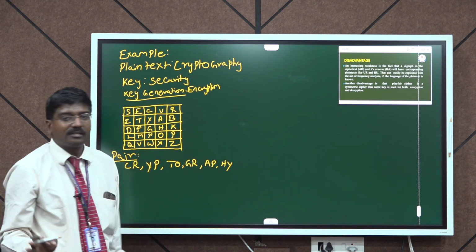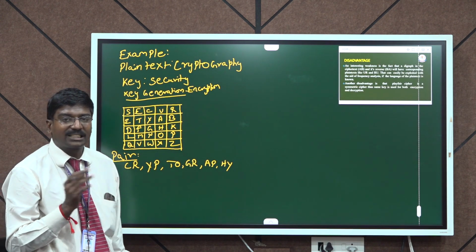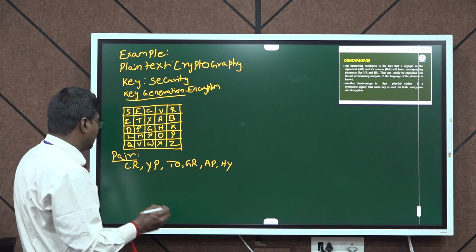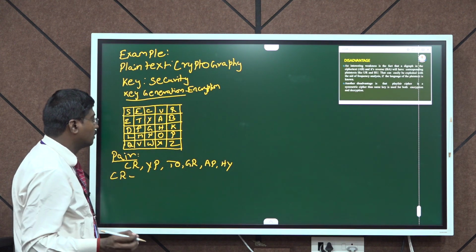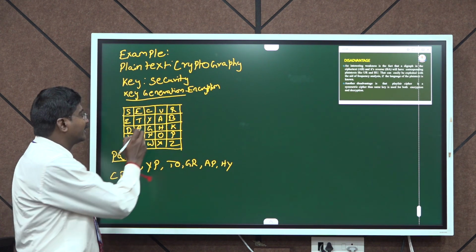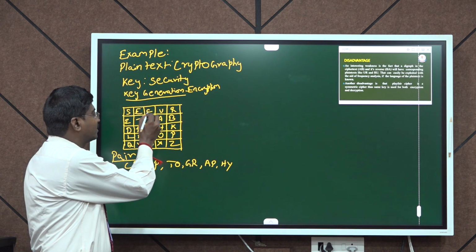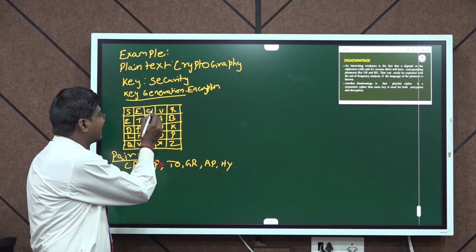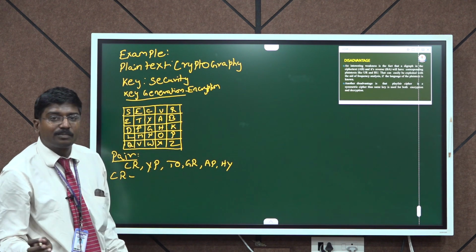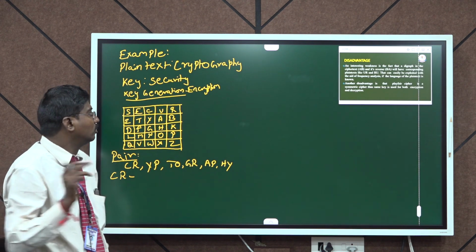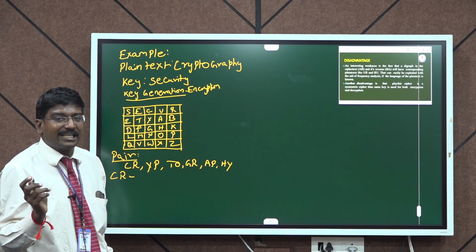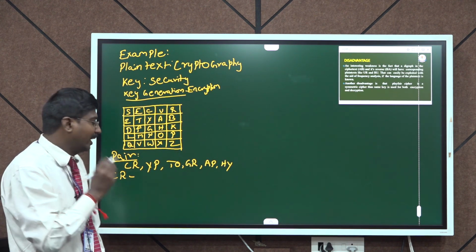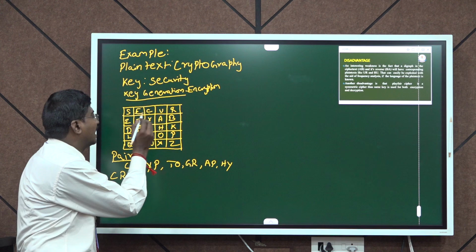Now we are going to convert the plain text into ciphertext. First, CR. You can see where it is present: CR is present in the same row. For the same row, we place the next element for each letter.